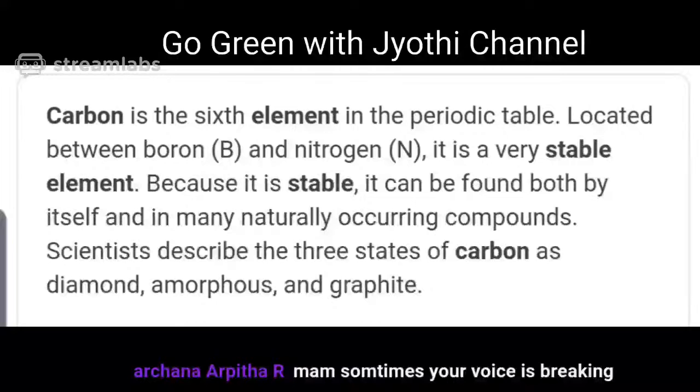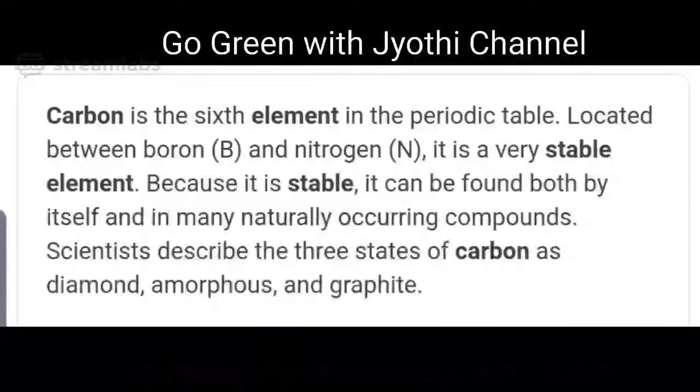In the periodic table, carbon has atomic number 6, symbol C, and electronic configuration 1s2, 2s2, 2p2. It is located between boron and nitrogen. Boron valence is 3, carbon valence is 4, nitrogen valence is 5.